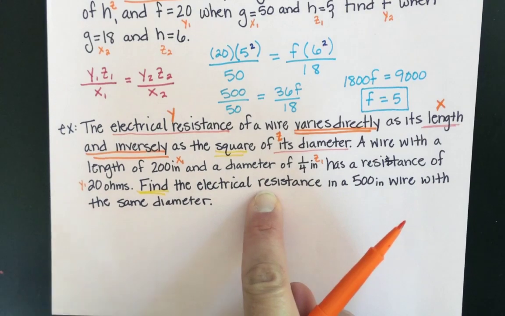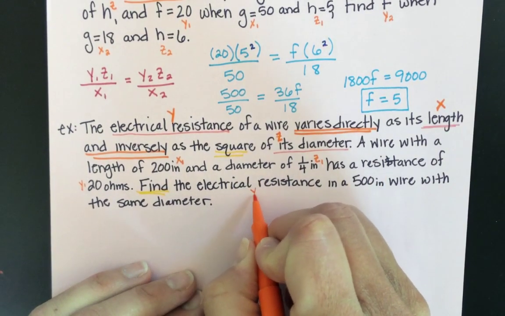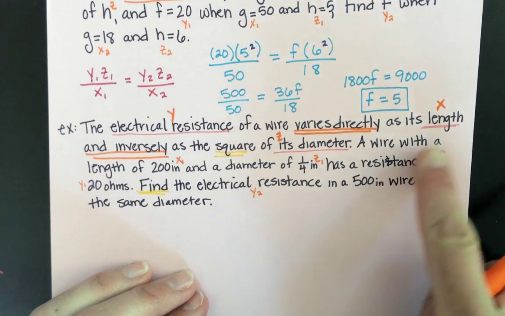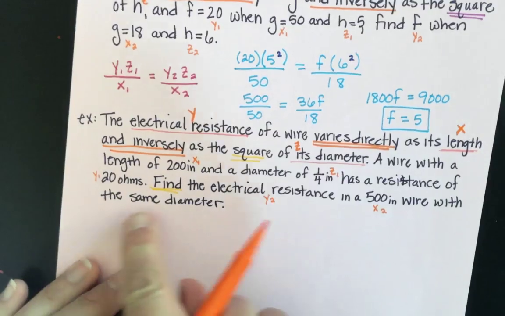We want to find how much a wire can resist. So here is our y2 in a 500 inch, that's our length, with the same diameter.